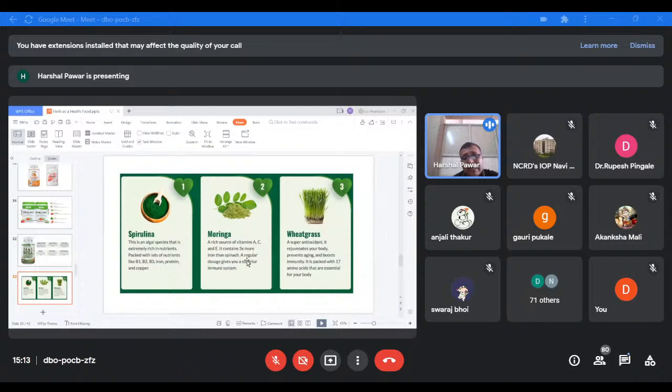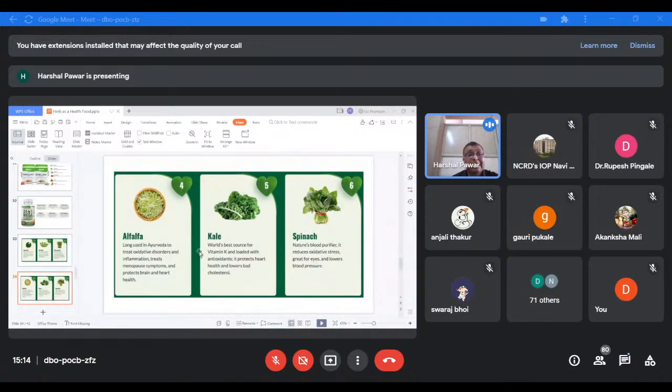So they are rich in vitamin A, vitamin C, vitamin E. At the same time, it also helps to boost your immunity along with providing you the nutritional supplement. Wheatgrass is rich in polyphenolic constituents, and it prevents the aging process. It also helps in boosting the immunity.